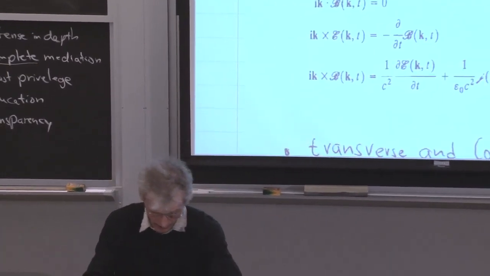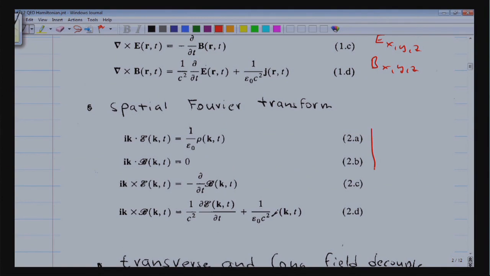So that's something which is sort of nice, that the Fourier transform allows us to separate the fields into longitudinal fields, where the vector of the Fourier component is parallel to the k vector, and into transverse components.